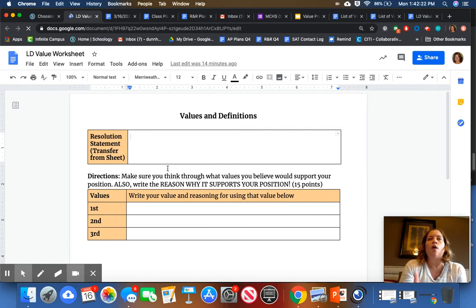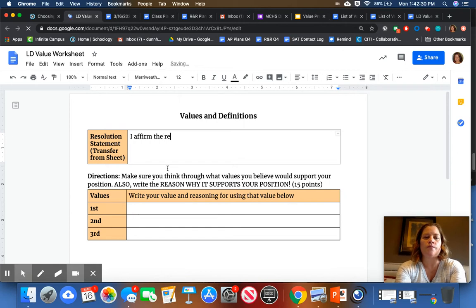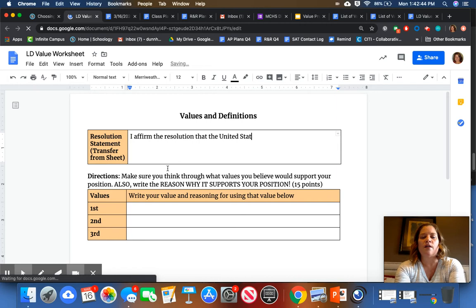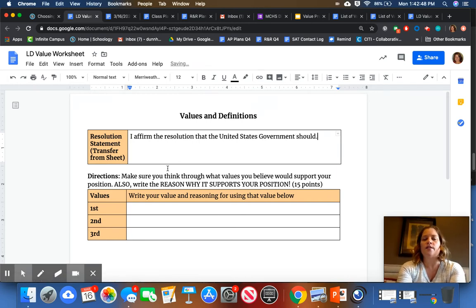Remember that if you are on the affirmative side, your resolution statement will be, I affirm the resolution that the United States government should, and then whatever your resolution is.